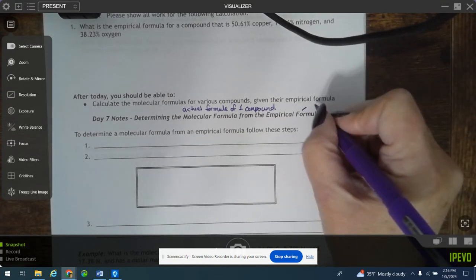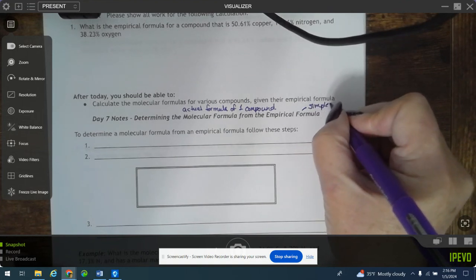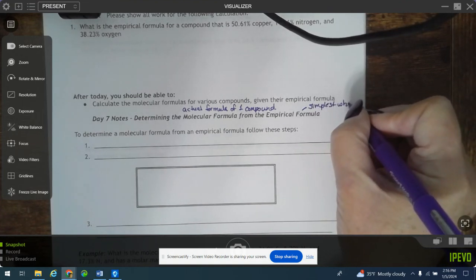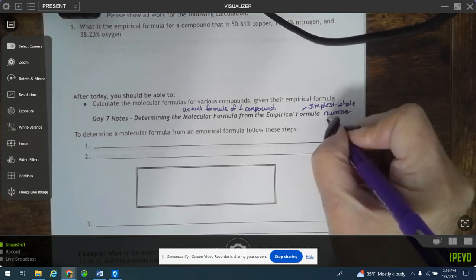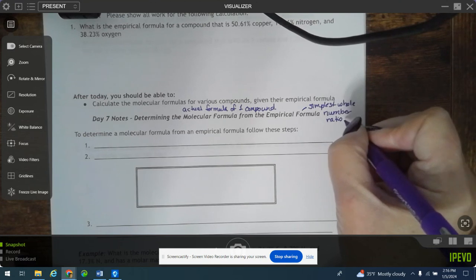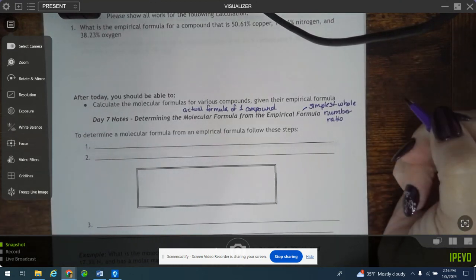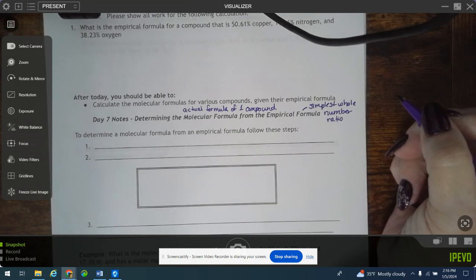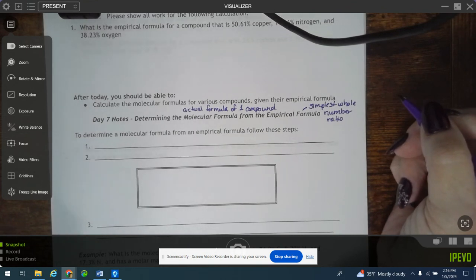The empirical formula, we said, is the simplest whole number ratio. We could have an empirical formula that's the same for a bunch of different molecular formulas.